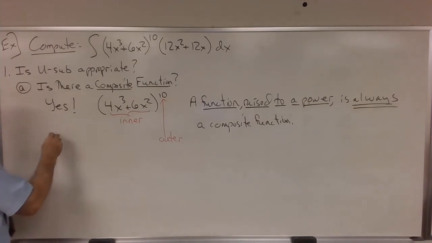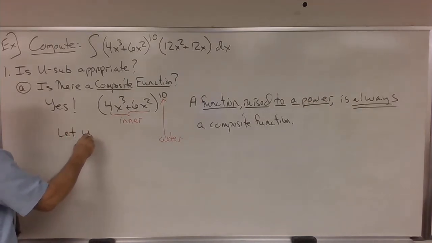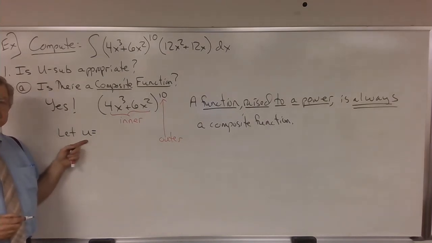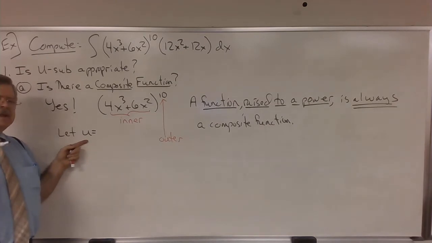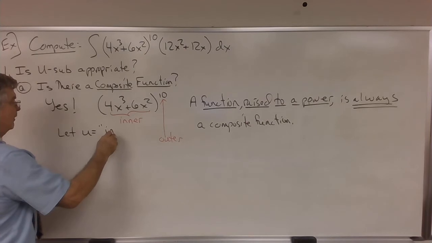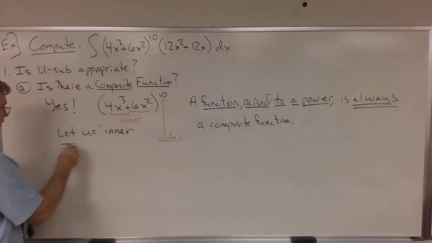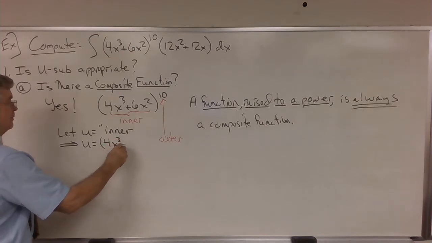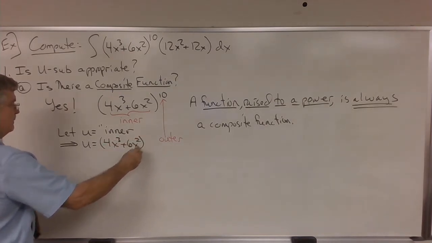And you remember our rule of thumb for selecting u? What was it? We let u be the inner function, didn't we? So u equals 4x cubed plus 6x squared.